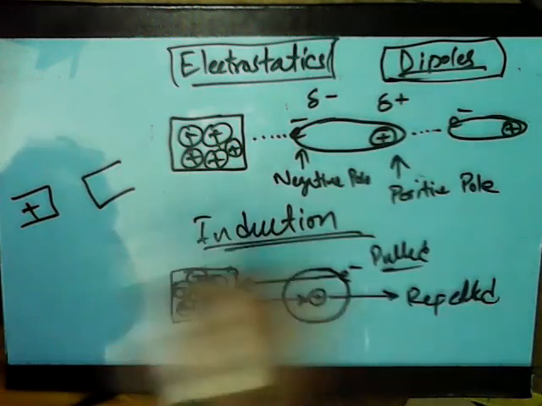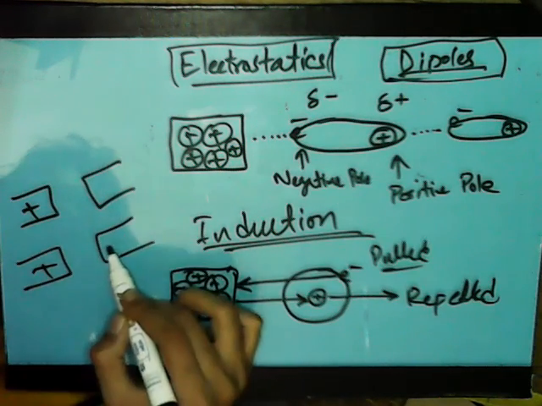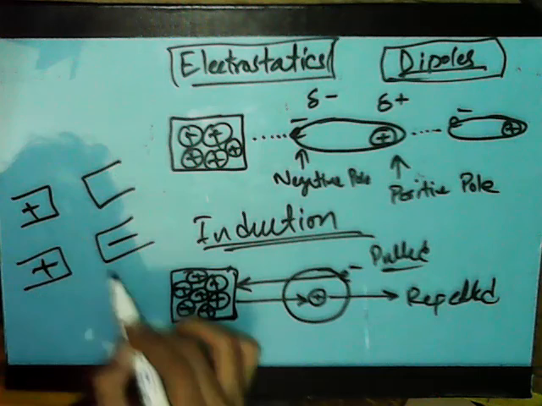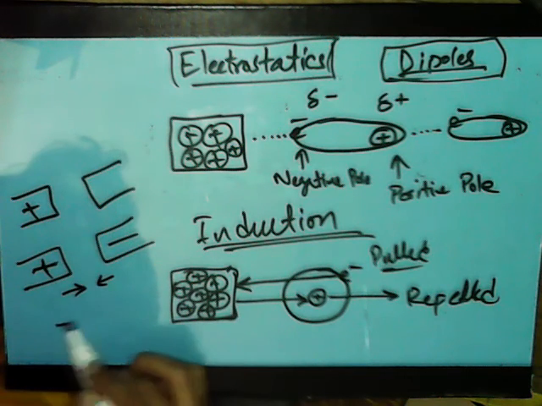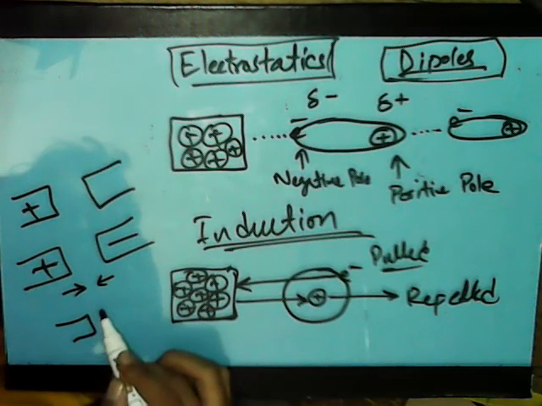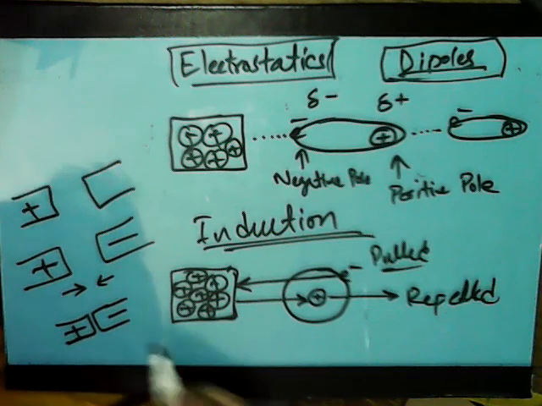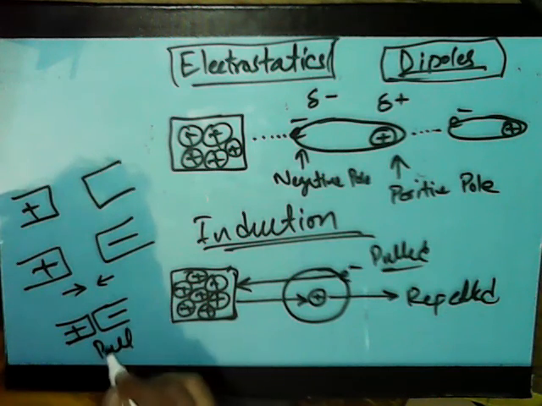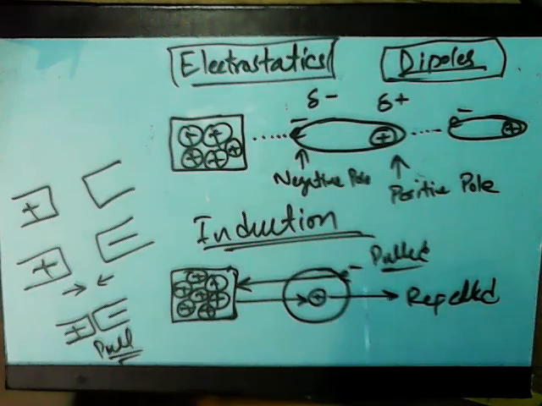Dipoles are going to get constructed, or you can say induced. So if this is positive, it would become negative, and eventually they would get attracted to each other, and when they come closer, this pull will be generated. We're going to see them getting pulled to each other. This is a very basic phenomenon.